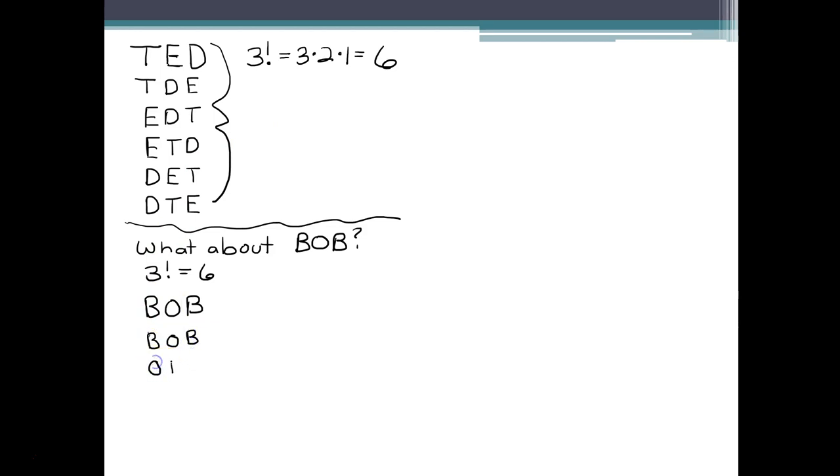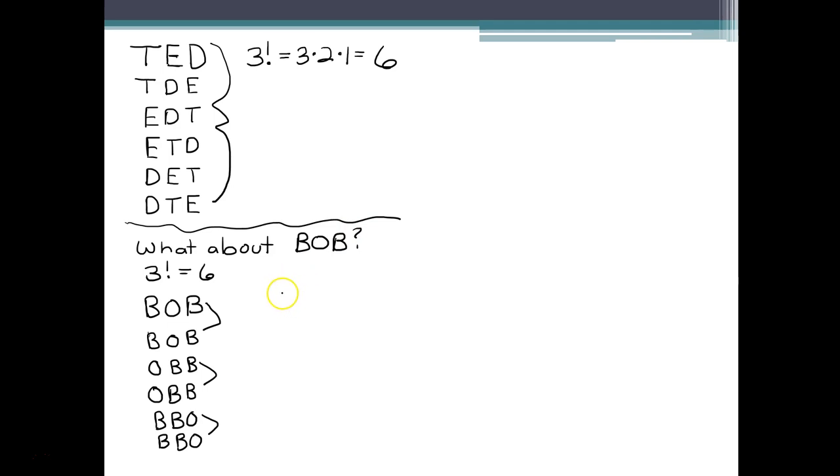Let's say I put the O first, B second. If I switch the B's, I still have OBB. Or if I put BB first, O last, I switch the B's, I still have BBO. Some of these are not really different. So not the best way to do this.